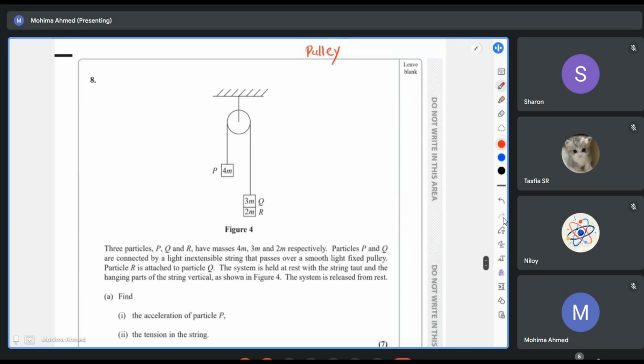And again, Tashvi and Niloy, you guys were supposed to sit for an exam, but you didn't. So, are you free today after the class to sit for an exam? Maybe after half an hour also. You take a half an hour break and then sit for an exam. Why? Do you have any classes after this?